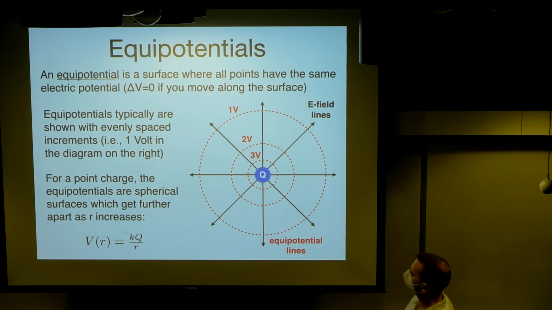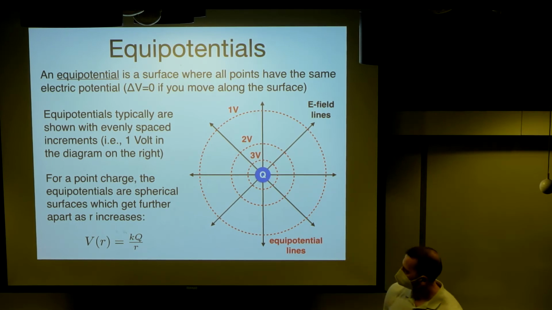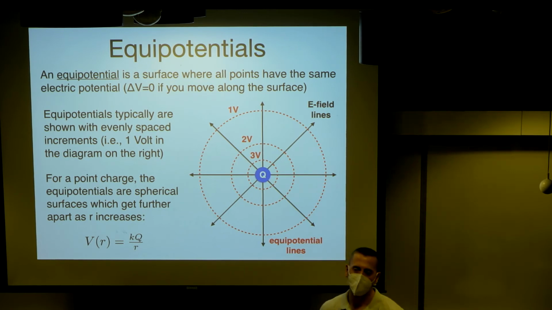So what we're going to get into is, what can we say about equipotential surfaces in general, but also how do we show them graphically? And so this is your first example of a diagram of equipotential surfaces. Typically in a diagram like this, you're going to see evenly spaced increments. So in other words, I could have each equipotential that I draw have a 1 volt difference.